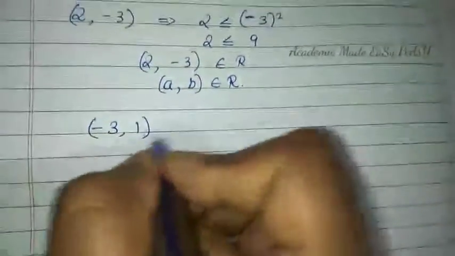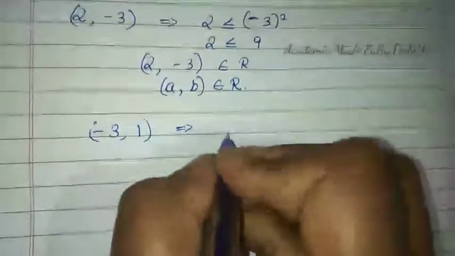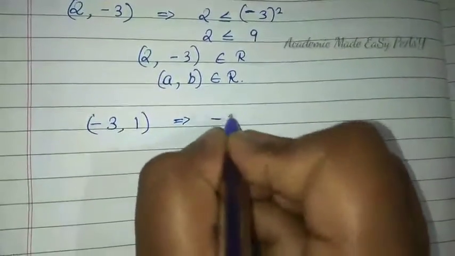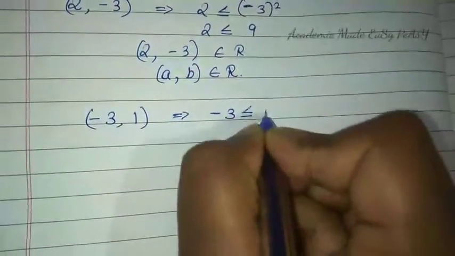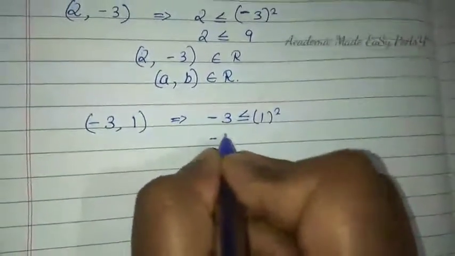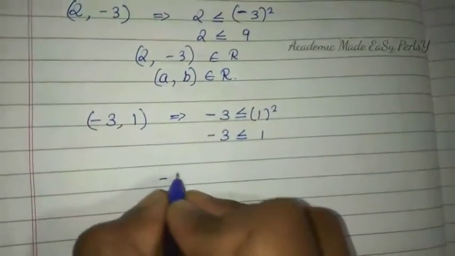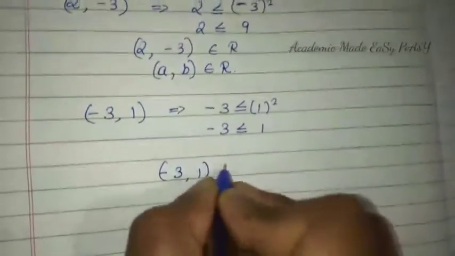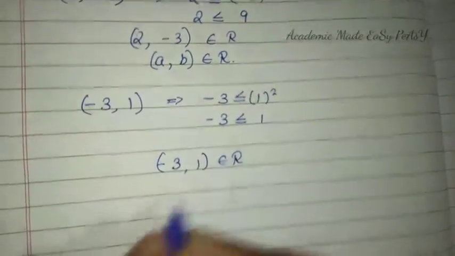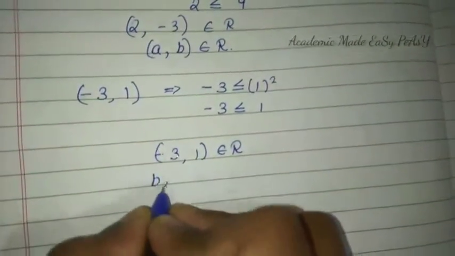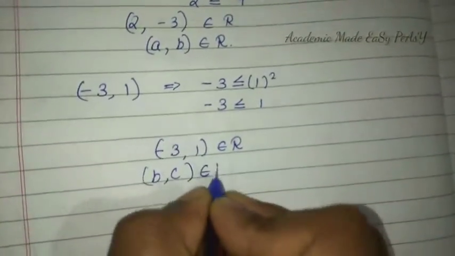Any number you can take to prove. Okay, minus 3 less than or equal to 1 square. So minus 3 is less than or equal to 1. It is proved again. So (minus 3, 1) also belongs to R. That is, (B, C) belongs to R.